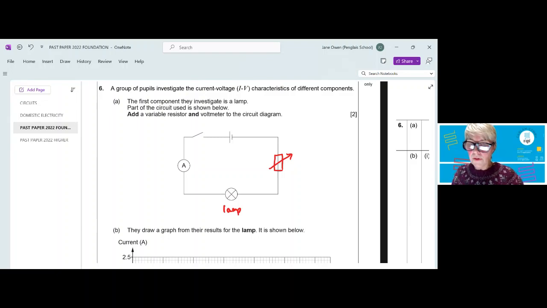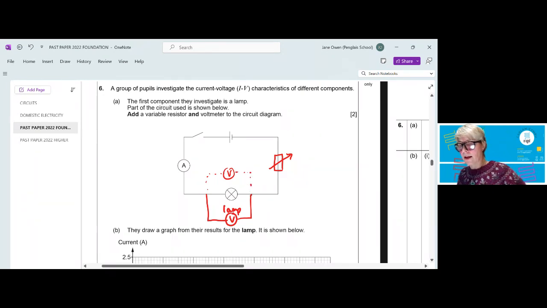They put the ammeter in series, but they also want you to put a voltmeter in. And remember, a voltmeter always goes in parallel, so it can go below the lamp like this, or it can go above the lamp like that. And you'll get 2 marks for that.